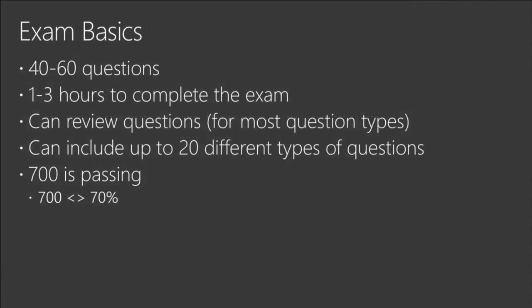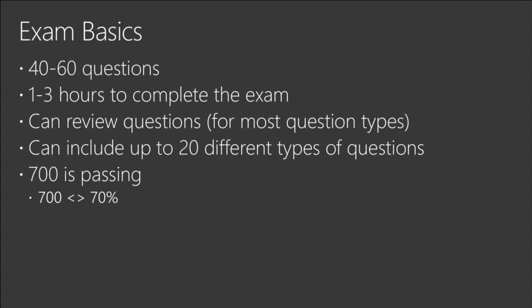So this exam, it's 40 to 60 questions. You get 1 to 3 hours. I guess you can do it as quickly as you possibly can. I will say I took it prior to the first time I taught this certification session, and I think I finished it in 30 minutes.